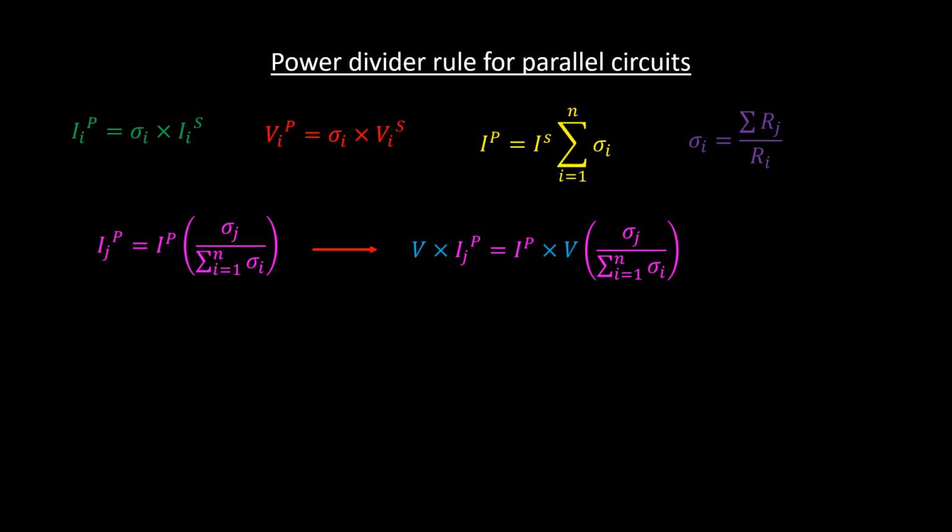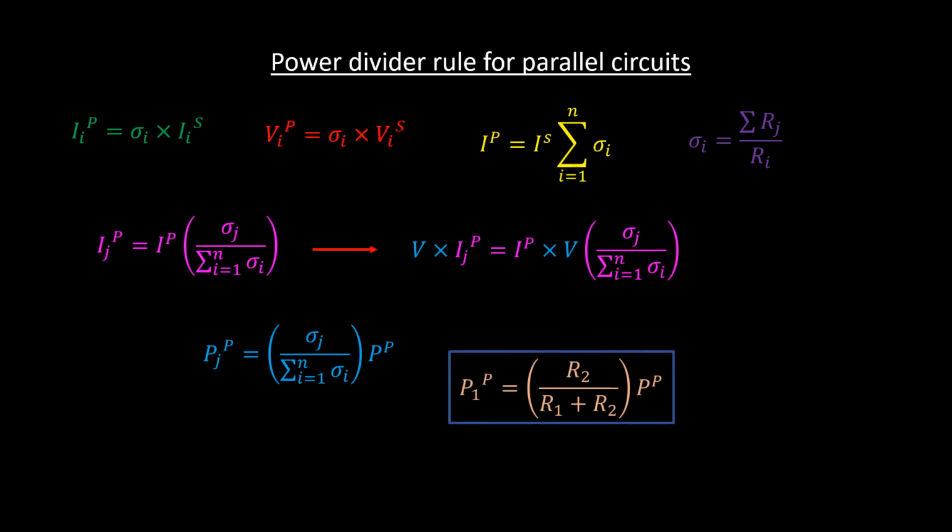V times Ipj is equal to the power dissipated by resistor j, and Ip times V is the total power dissipated. So we can write the equation in the following form. This is the power divider rule in terms of sigma. In terms of resistance, the equation is given as follows by considering just two resistors.